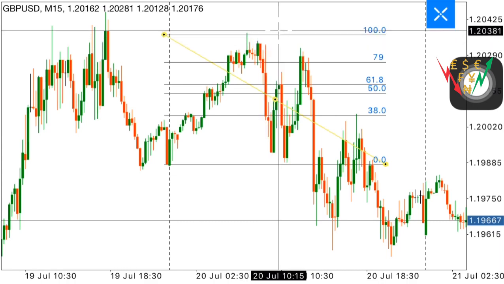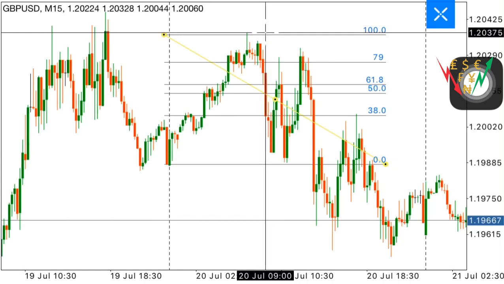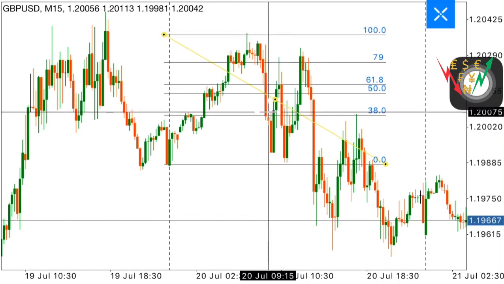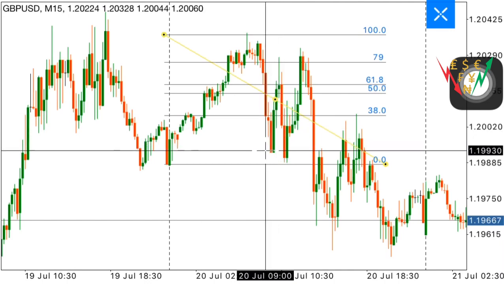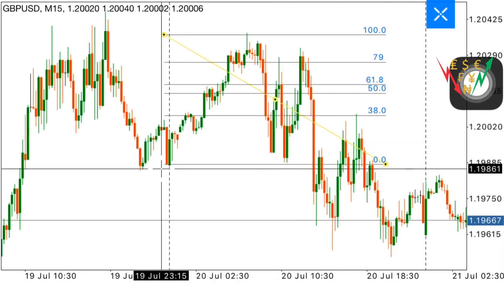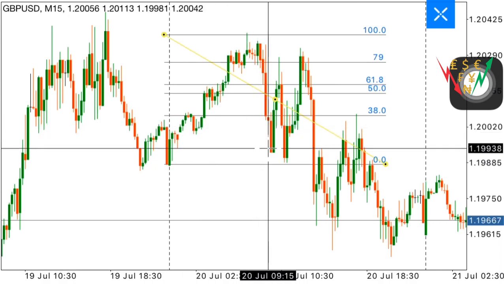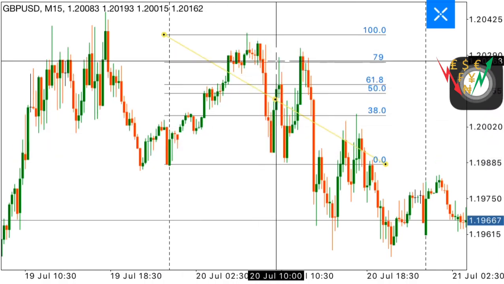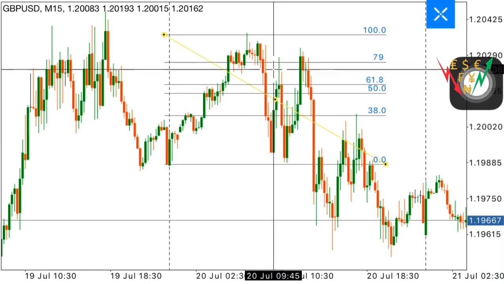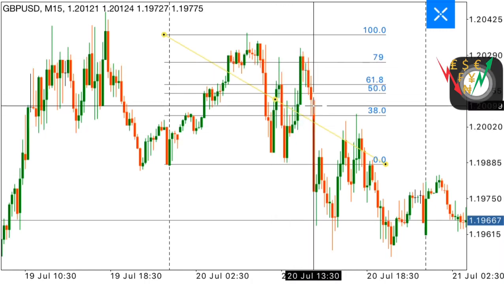If you look here at the opening of the London section, right, the price was kind of on a downside, higher high, this is a low, right, and this is a higher low. Because it's low, we see price actually making its way to the closest resistance level, going higher before reacting and coming downwards.